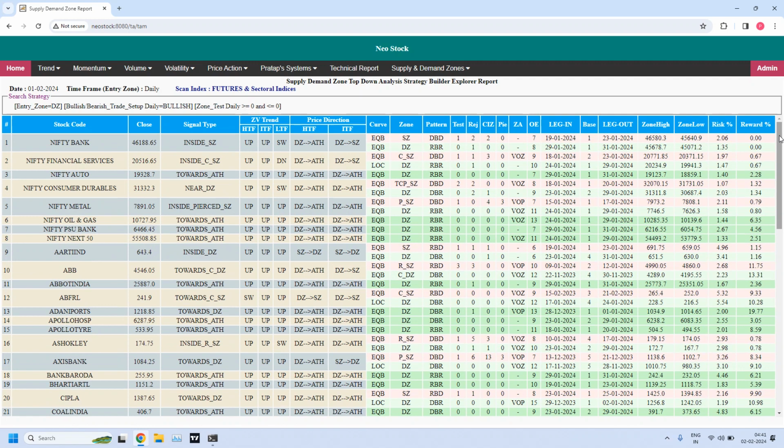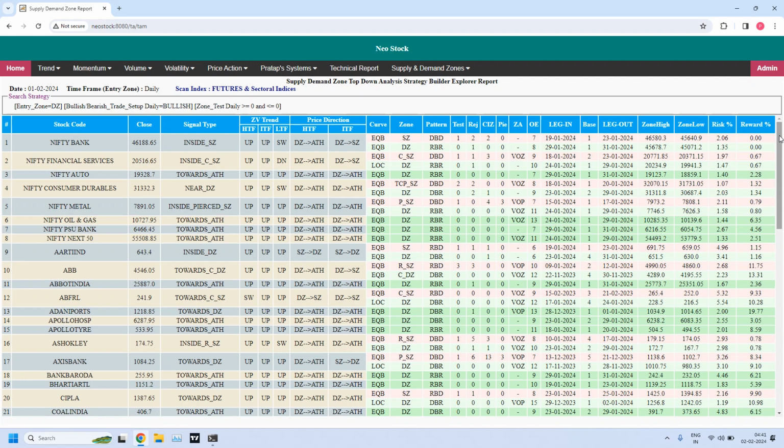But reward you cannot fine tune much. The moment you fine tune the risk, reward will be improved. It will be improved, but it is not very drastic. But risk can be minimized. So that is the reason why I want to focus on the reward, on stocks having good reward.